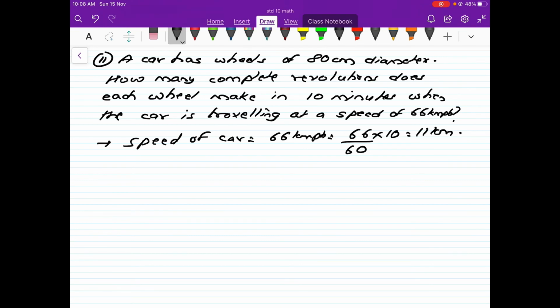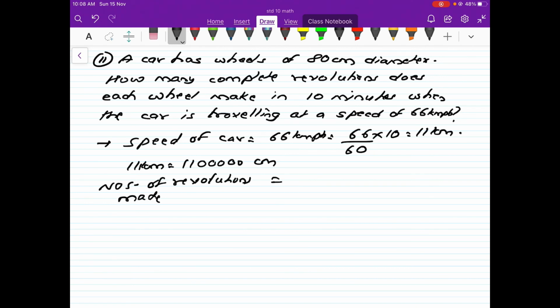Now this 11 kilometers we will further convert into centimeters, which is 11 followed by 5 zeros. Now the number of revolutions made is equal to the distance traveled, here 11 followed by 5 zeros, divided by the circumference of the wheel.